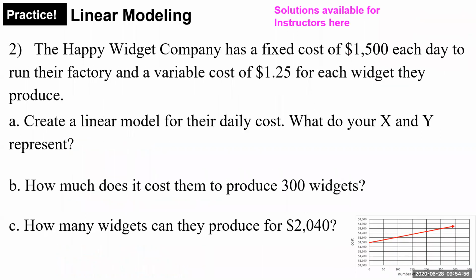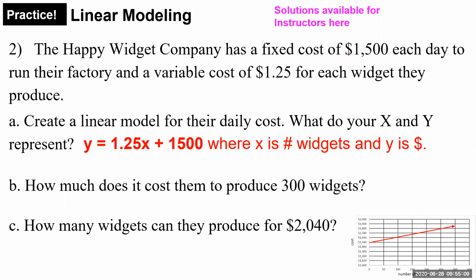The Happy Widget Company has a fixed cost of $1,500 each day to run their factory, and a variable cost of $1.25 for each widget they produce. So we want to create a model for this, and this is the rate of change. That's our slope, plus the first cost of $1,500.